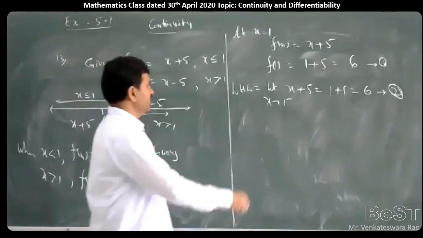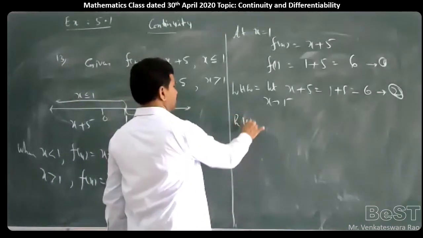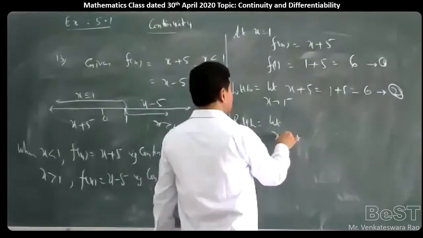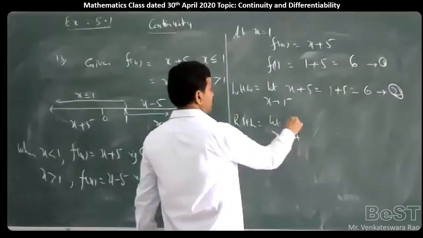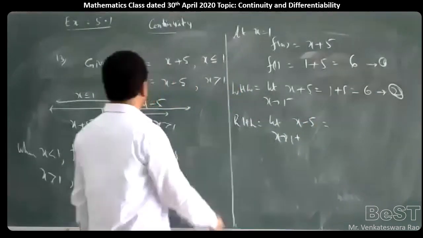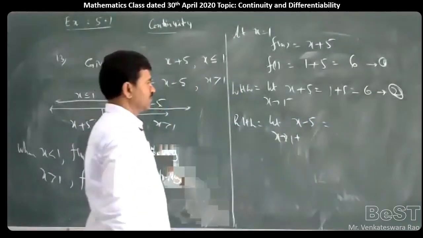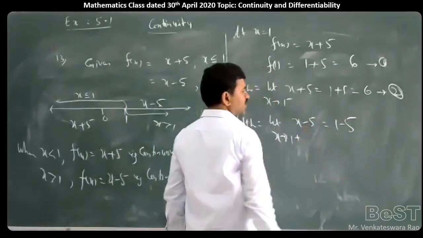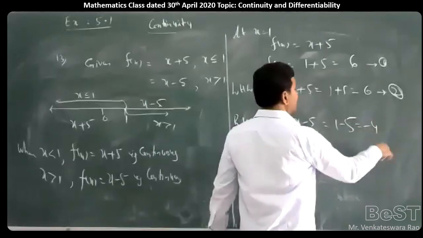Limit as x tends to 1 plus, the function is x minus 5. By substitution, 1 minus 5 means minus 4.